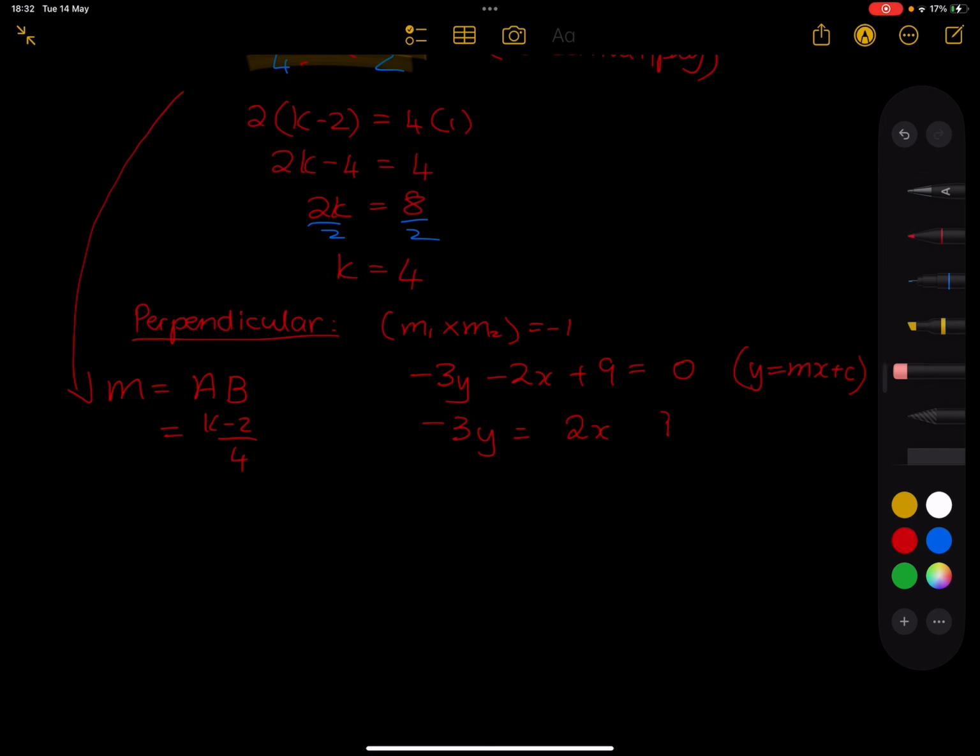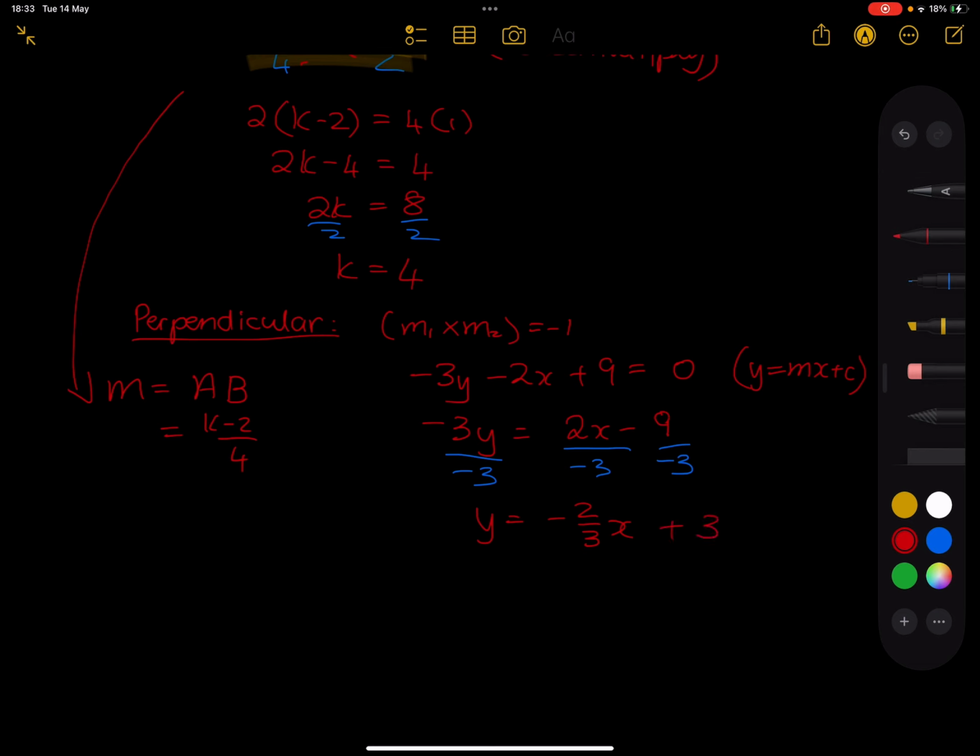Do you agree? And why is it minus 9? Because on this side it's plus 9. Understand? Yes, ma'am. Okay, now I will divide by minus 3 because I want the y alone. So then I have that y is equal to minus 2/3 x plus 3.